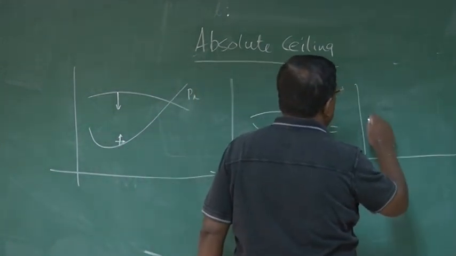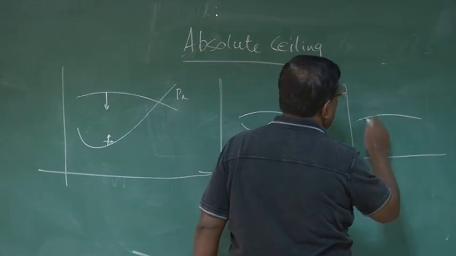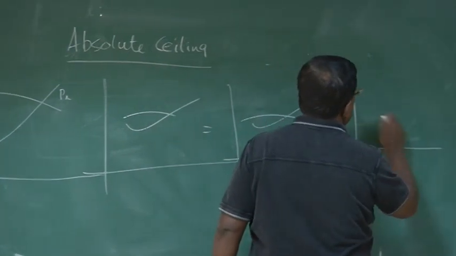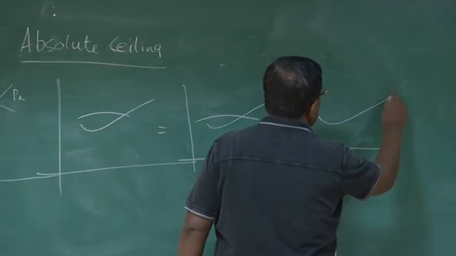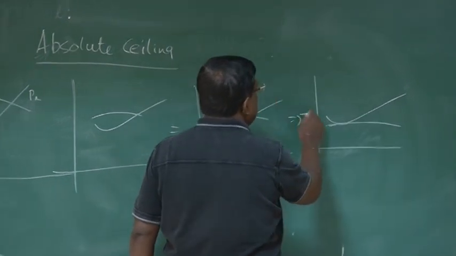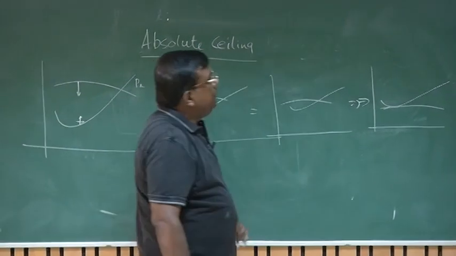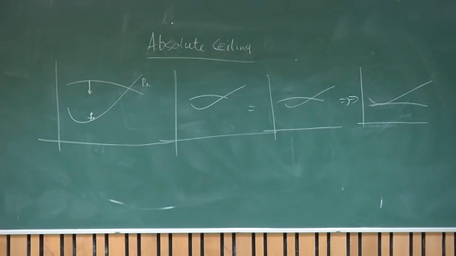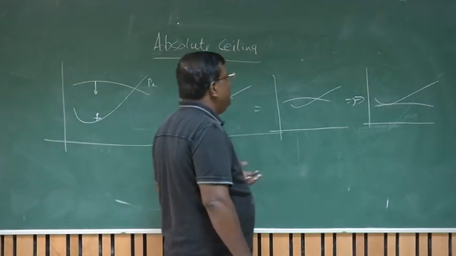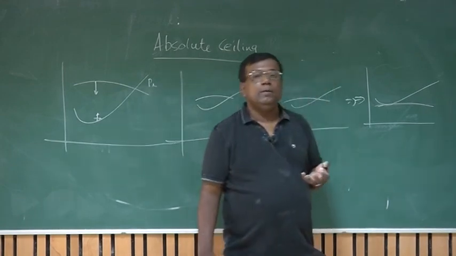Okay? Finally, the situation comes when it is something like this, and this is the situation where the excess power is 0. Okay? That is, rate of climb maximum is 0 that time, and that is where we define absolute ceiling.